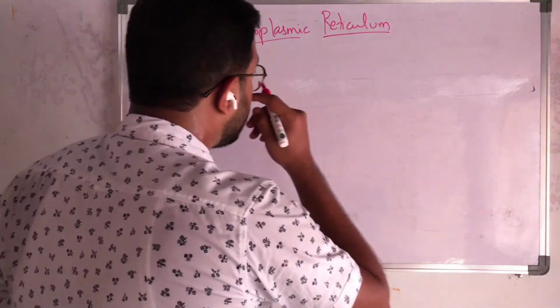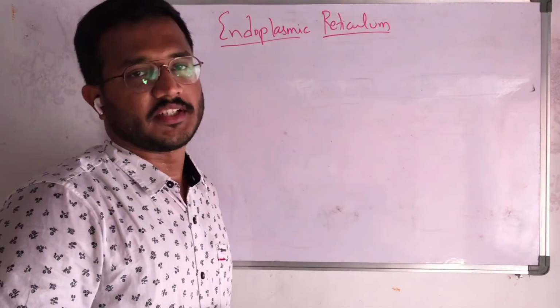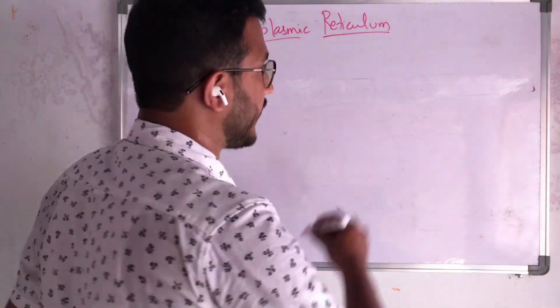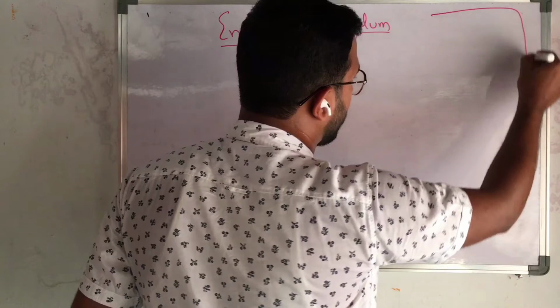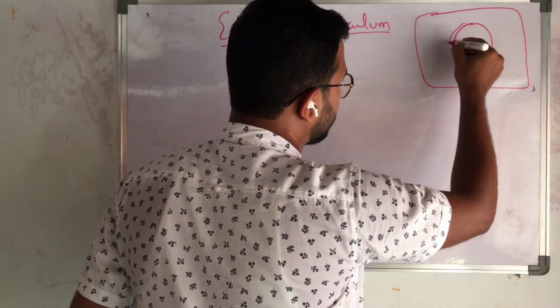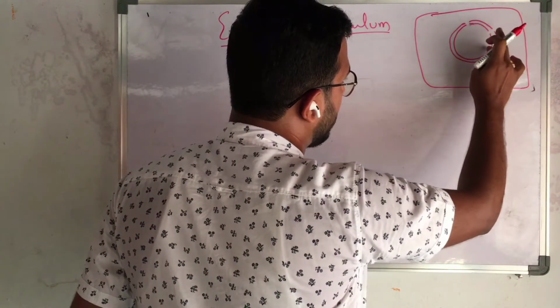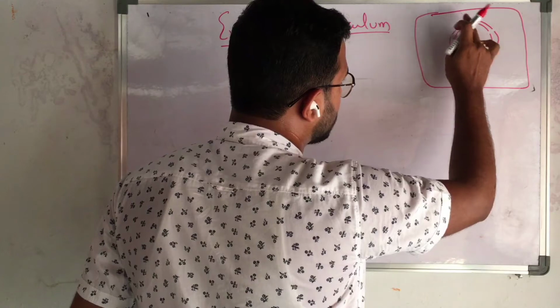Okay, this endoplasmic reticulum is nothing but tubular structures. See, here I am drawing the structure of a cell, and here we have the nucleus. The nucleus, as I told you previously, is double membrane and has pores in between.